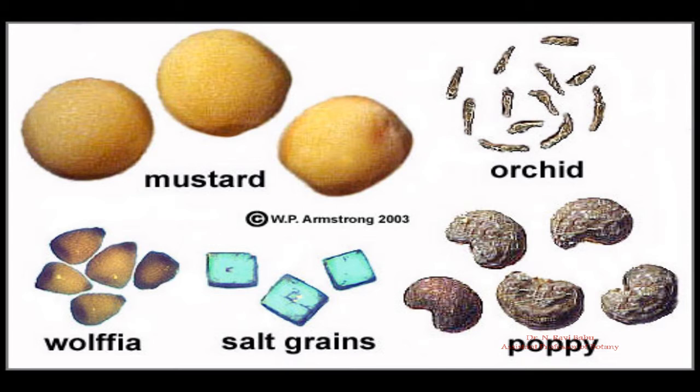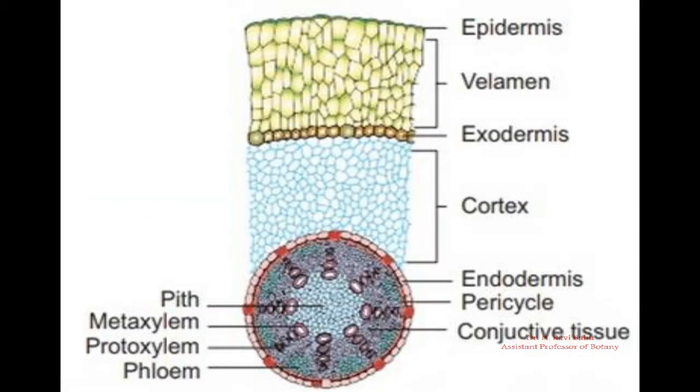And coming to the anatomical adaptations. So, friends, as usual, a multi-layered epidermis is present. Inner to the velamen tissue, the peculiar exodermis layer is present.